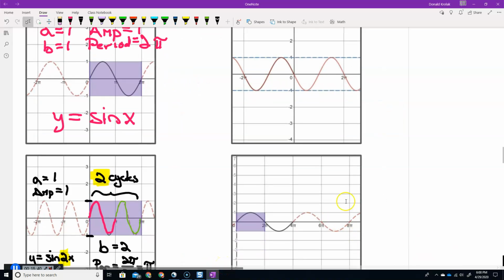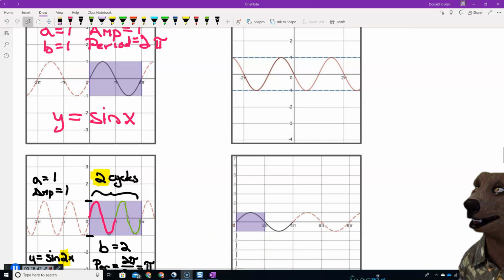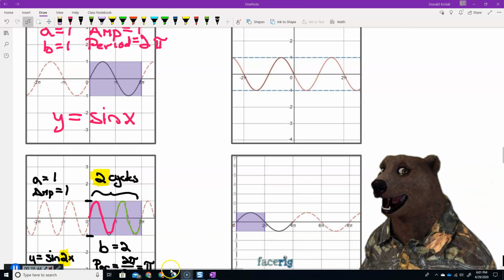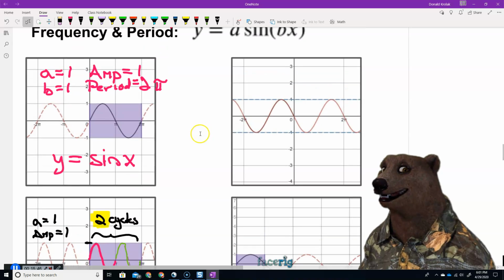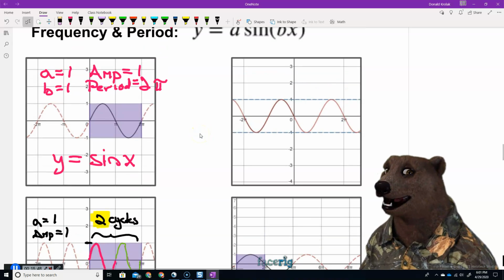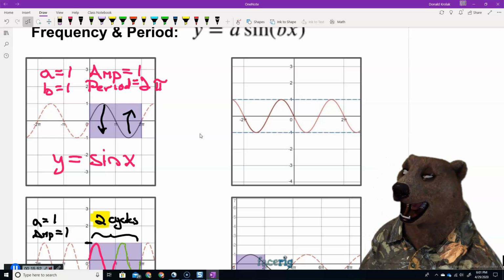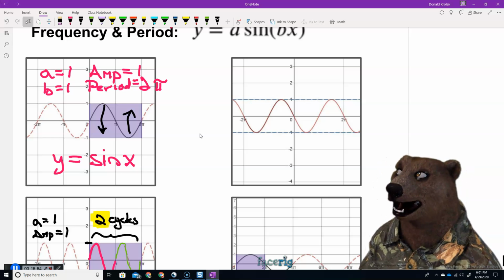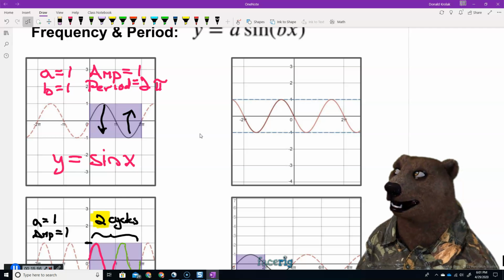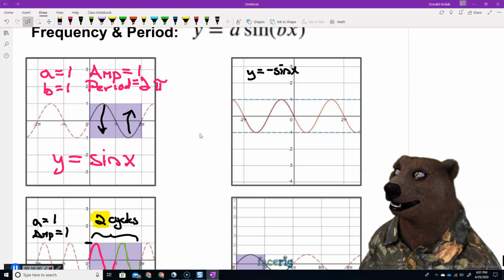Now, this graph is kind of sneaky, this one up here, because it looks like it's the first graph just flipped over. If I took this graph and flipped it over, okay, so this graph could be y equals negative sine x.